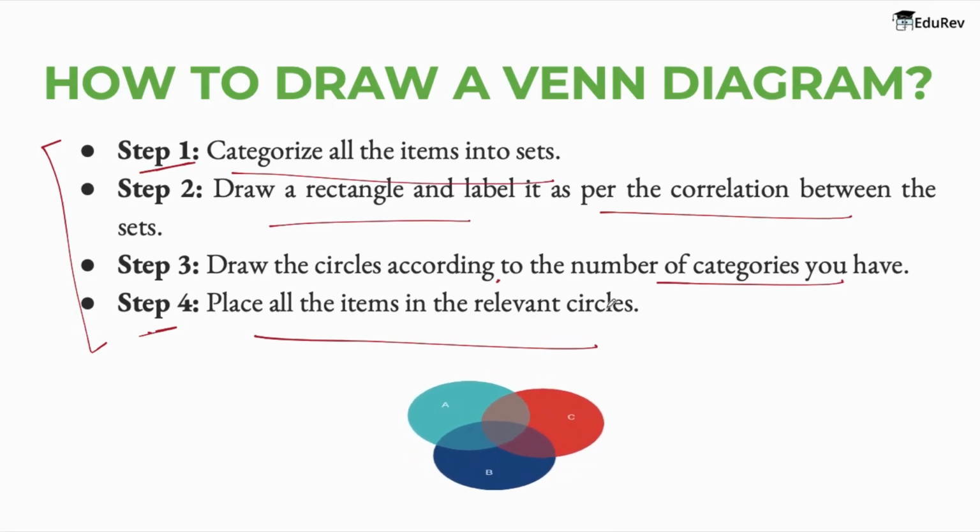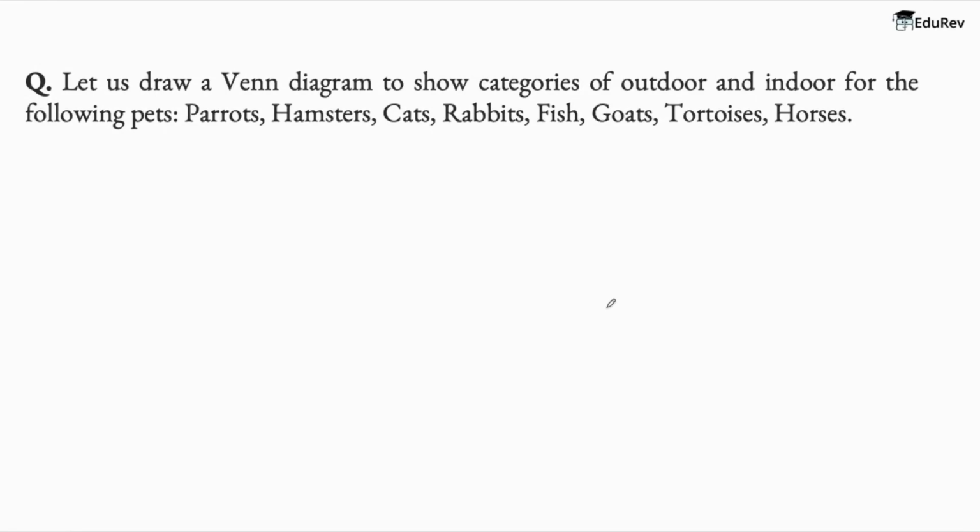So let's go and draw a Venn diagram using an example. The question states that let's draw a Venn diagram to show the categories of outdoor and indoor for the following pets: your parrot, your hamster, your cats, your rabbits, your fish, your goats, your tortoise, and your horses.